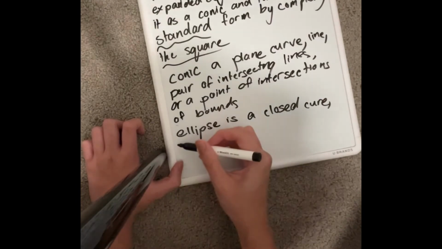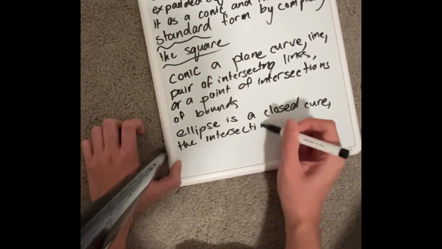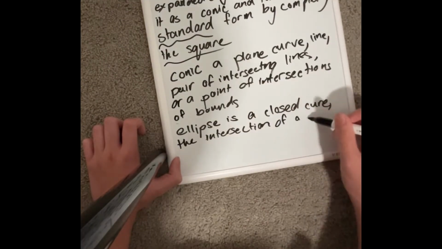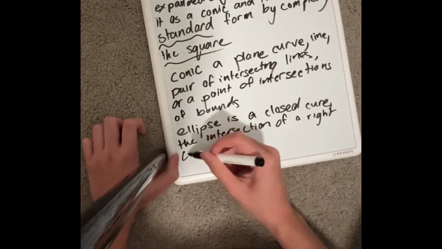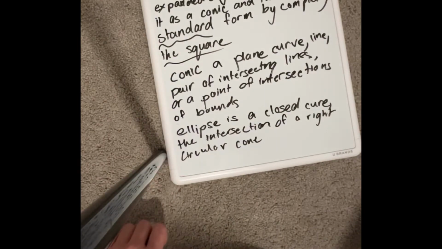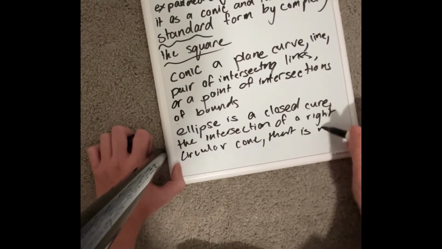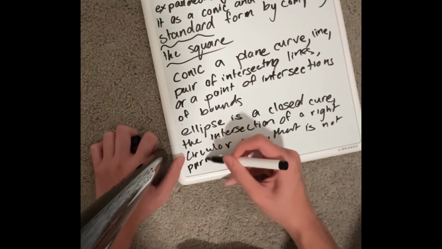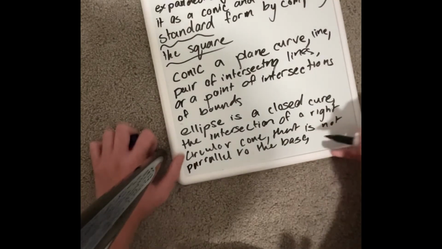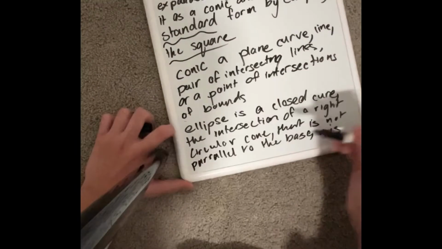It is the intersection of a right circular cone with a plane that is not parallel to the base, axis, or element of the cone.